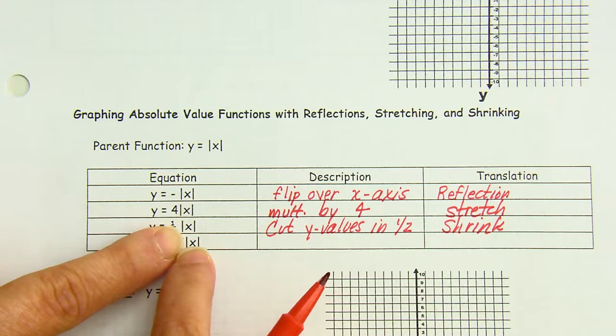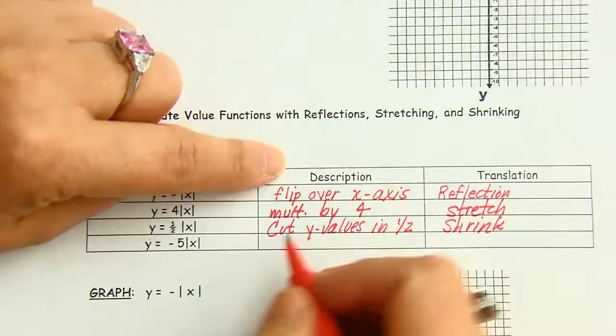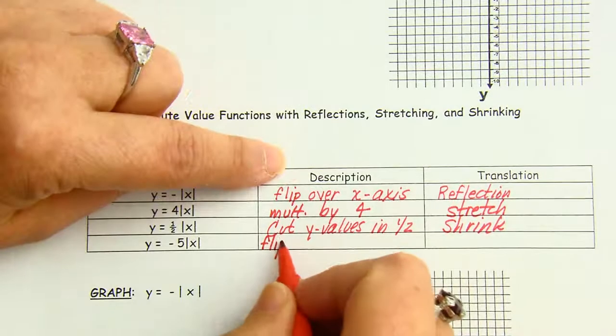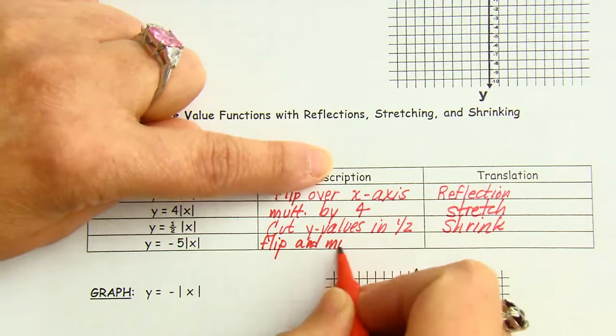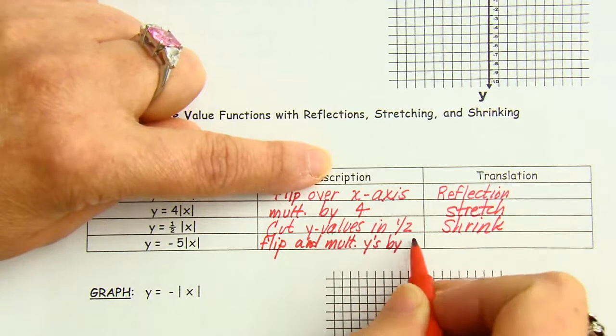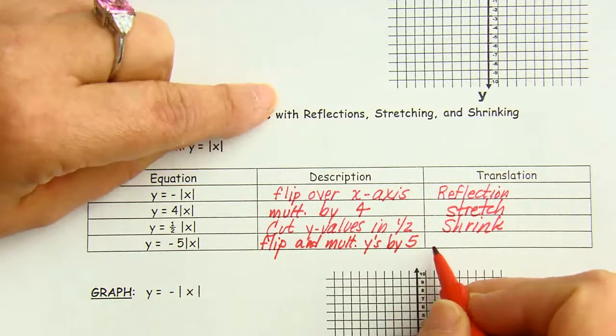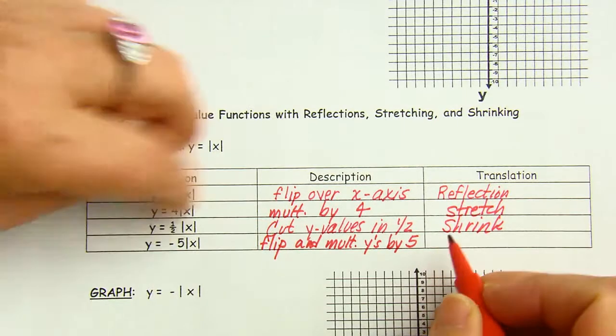And whatever the absolute value of x is going to be a positive number, but times that negative number is going to flip it upside down. So it's going to flip and multiply y's by 5. So this is called a reflect and stretch.